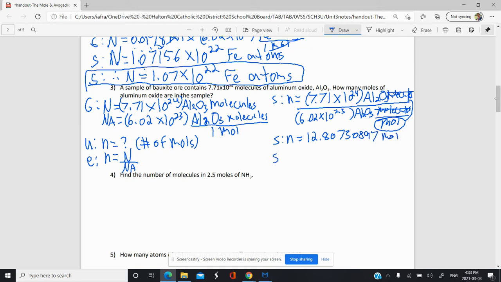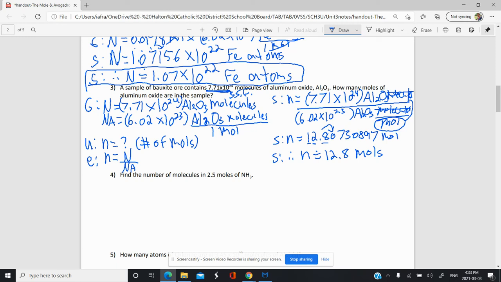Of course, we can't leave it like that because we have to round to the proper number of sig figs. There are 3 sig figs in the question that's given. So we'll round that to 3 sig figs. So therefore, the number of moles is approximately, so 1, 2, 3 sig figs there. Look next door, we're rounding down, 12.8 moles, and that's 3 sig figs.